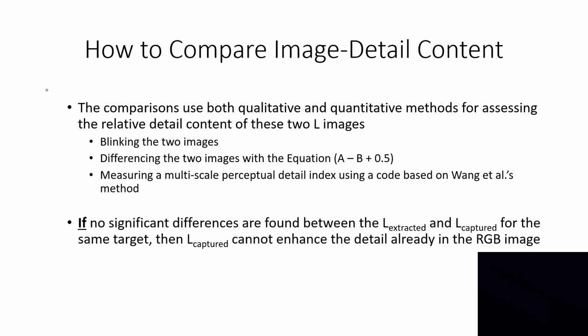But in any case, if there's no difference between the L extracted and the L captured for the same target, then putting the L captured in place of the L extracted, or even making a super L and putting that into the image, cannot possibly enhance the detail, because the thing you're replacing and the thing you're replacing it with are identical in terms of their detail content.